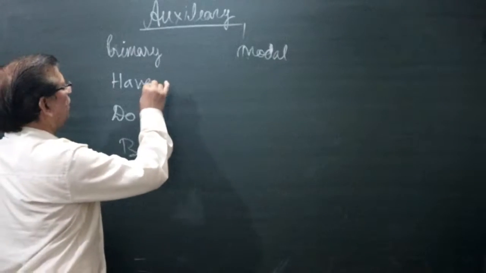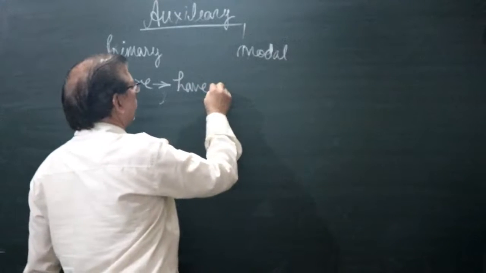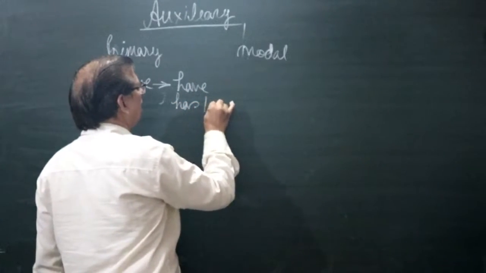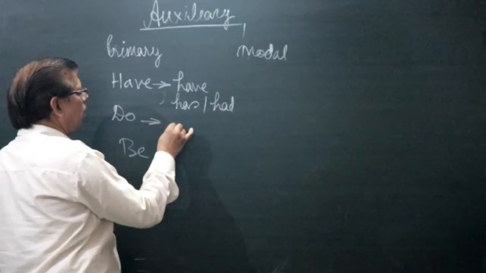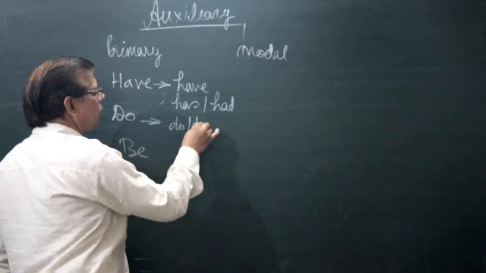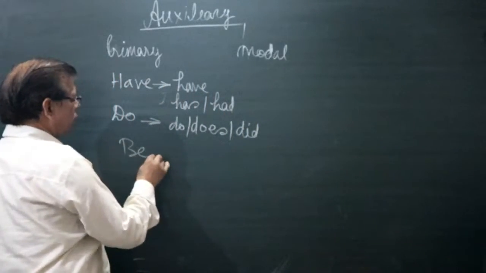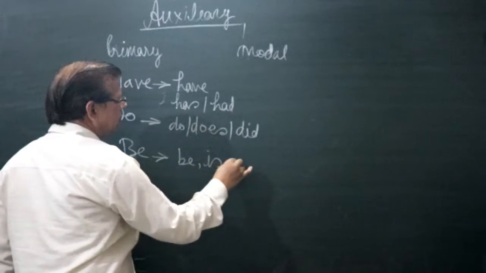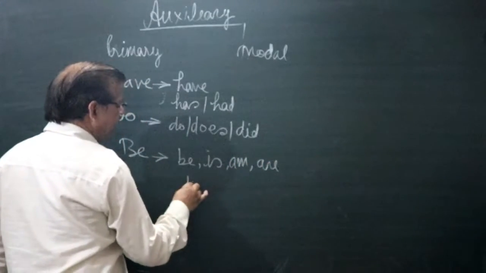The parts of have: has and had. The parts of do: does and did. The parts of be: is, am, are and was, were.